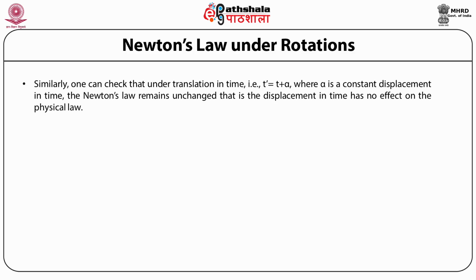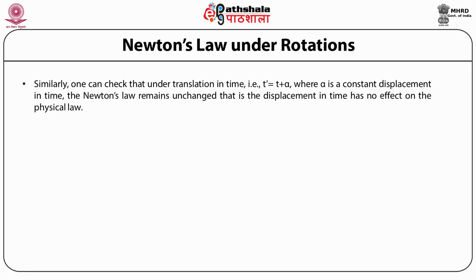Supposing the time t undergoes a translation to t prime such that t prime is equal to t plus alpha, where alpha is a constant displacement in time, then also we see by a similar exercise to the one we did earlier that Newton's laws of motion remain unchanged.